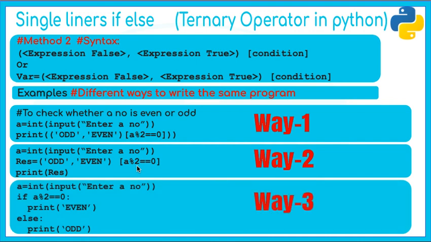I hope you've understood the different ways of using the if else conditions and even the single-liners, and I hope you found them a little interesting, because sometimes we want to show a different method, an interesting way of doing a program. This is, as I said, one of the interesting ways of using if else, which is called a single-line if. And I hope you've understood.